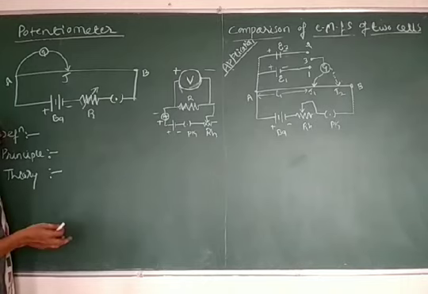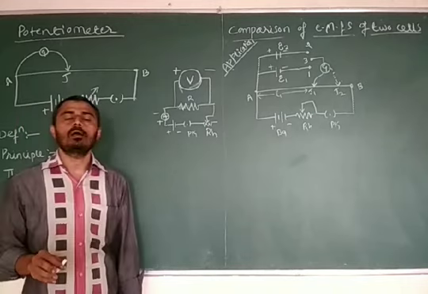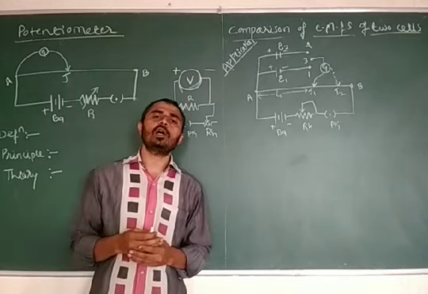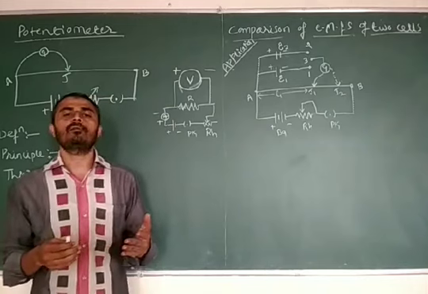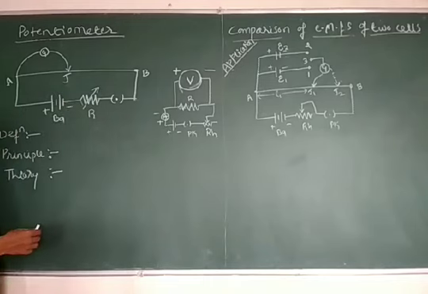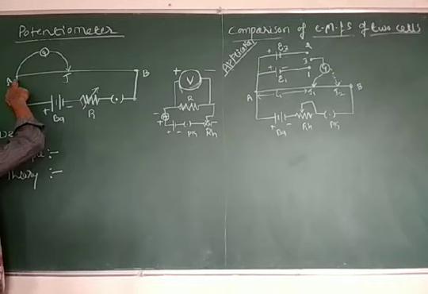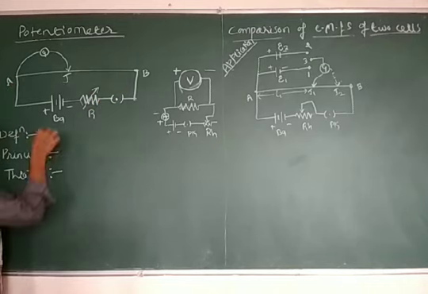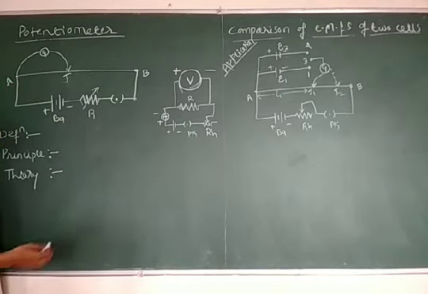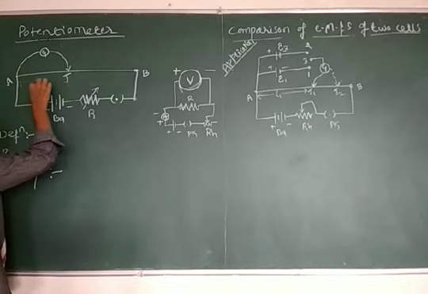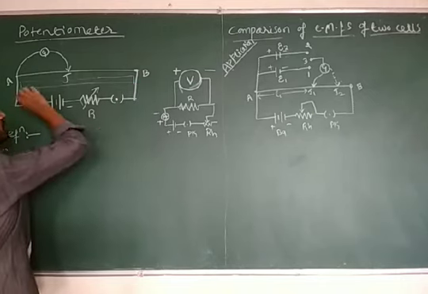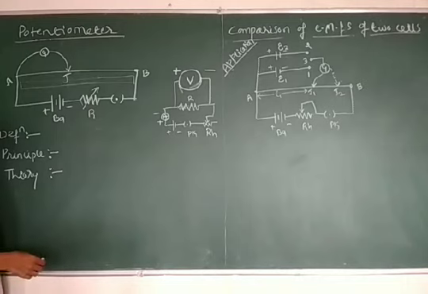A wire of either 1 meter, 4 meter or 10 meter, such a lengthy wire of uniform cross-sectional area, of a material like constantan or manganese, is stretched between two ends on the wooden board, from A to B. And parallel to that wire there will be a meter scale, stretched between the two ends of the wooden board.